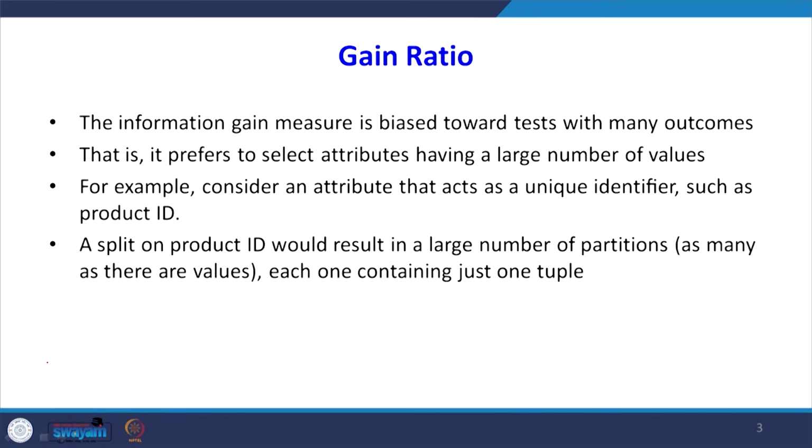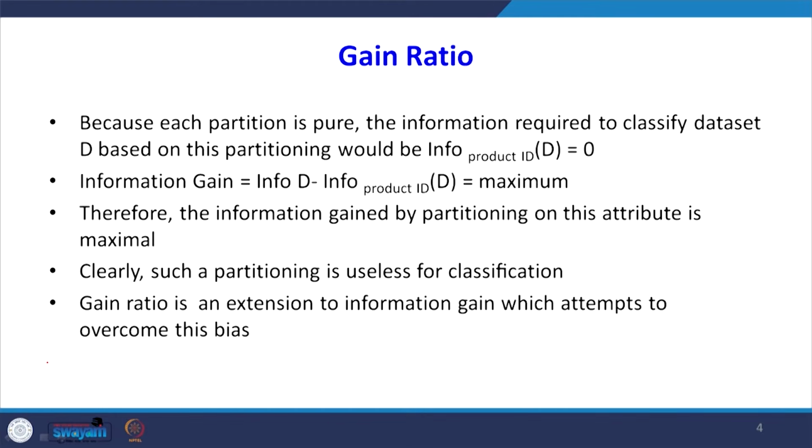A split on product ID would result in a large number of partitions, as many as there are values, each one containing just one tuple. Because each partition is pure, the information required to classify data set D based on this partitioning, Info product ID of D, will be 0, because there is only one value in each partition.